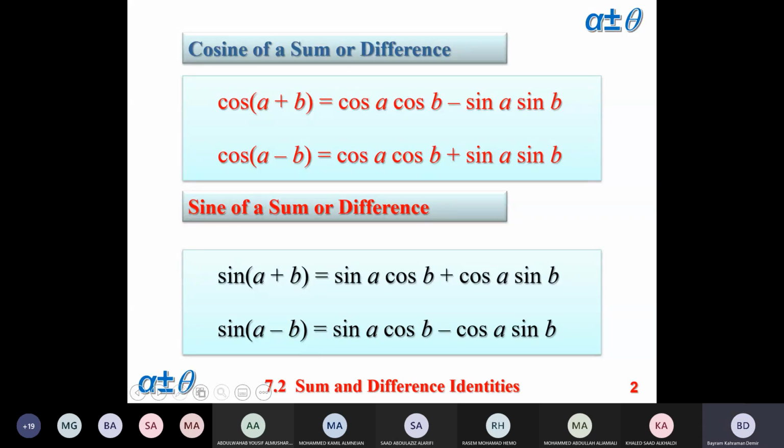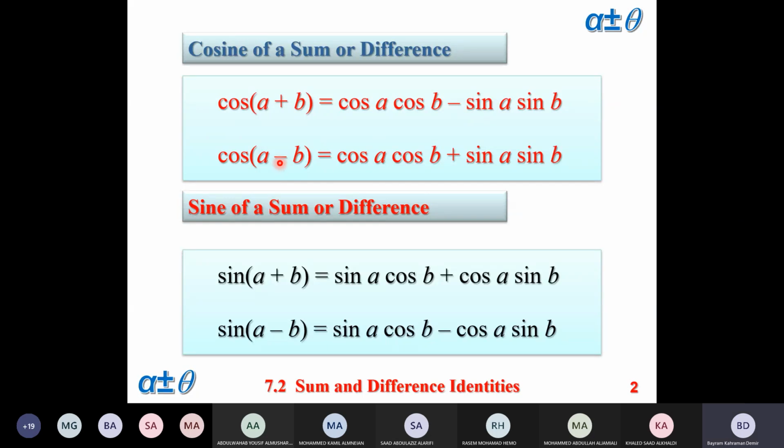For the cosine function, we have cosine of a plus b, if you have two angles, a and b. So cosine of a plus b will be cosine of a times cosine of b minus sine of a times sine of b. So we have opposite sign here. If you have a plus b, you have subtraction here, minus.